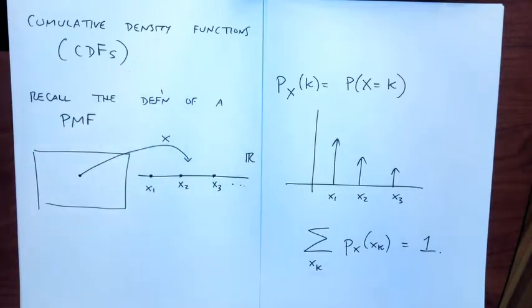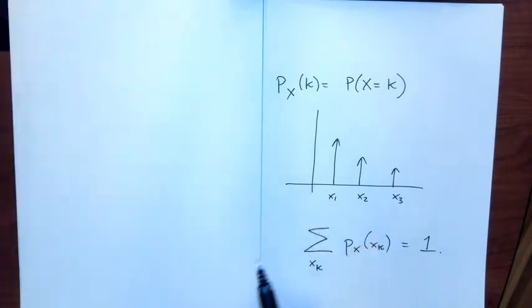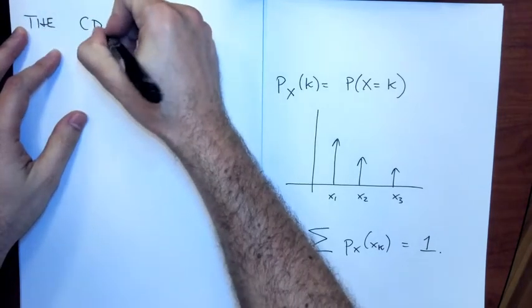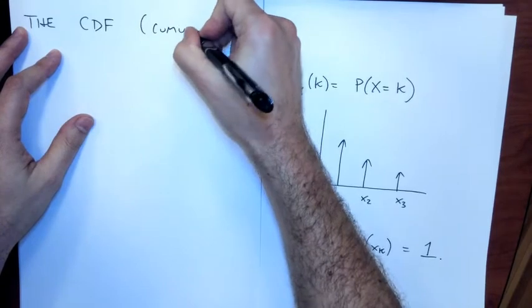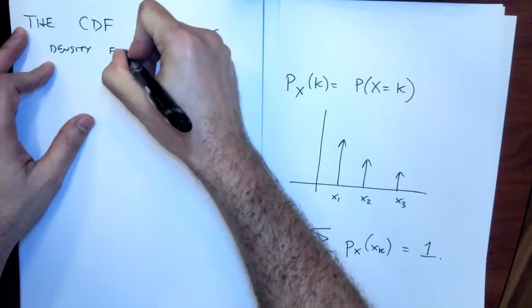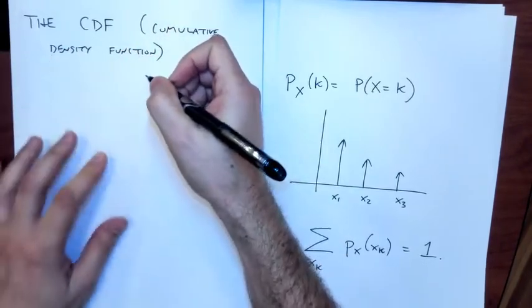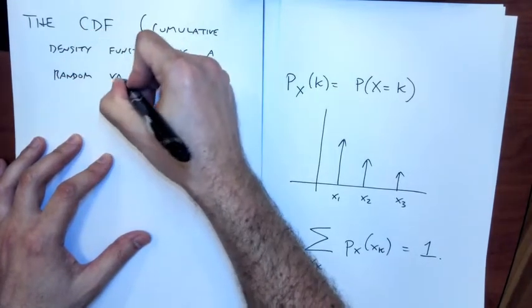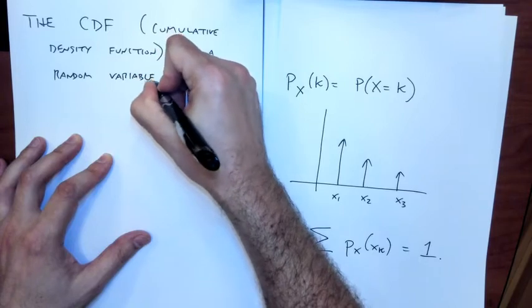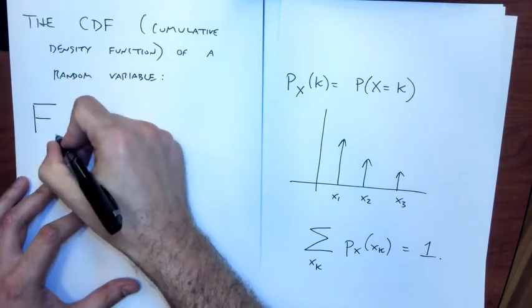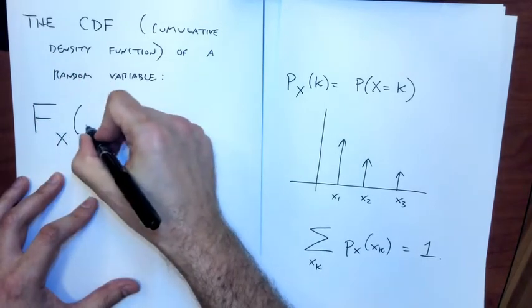And so what is this cumulative density function, this CDF, okay? So it's related to the PMF. So the CDF, and I'll write this down again just for completeness, cumulative density function, of a random variable is basically, so here's the notation. Big F, big X, and then say little x, okay?